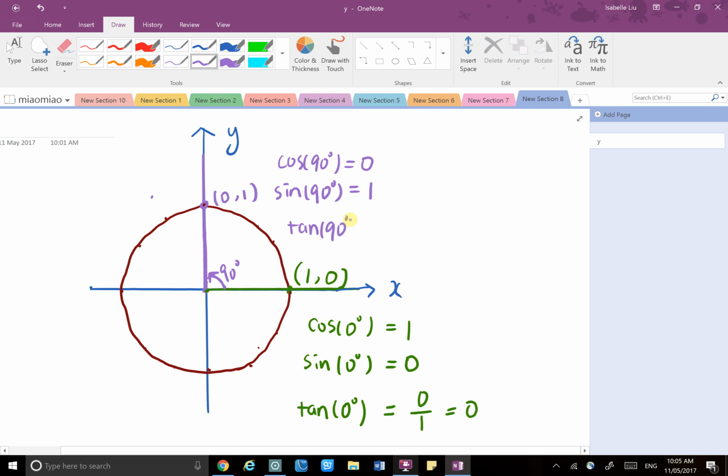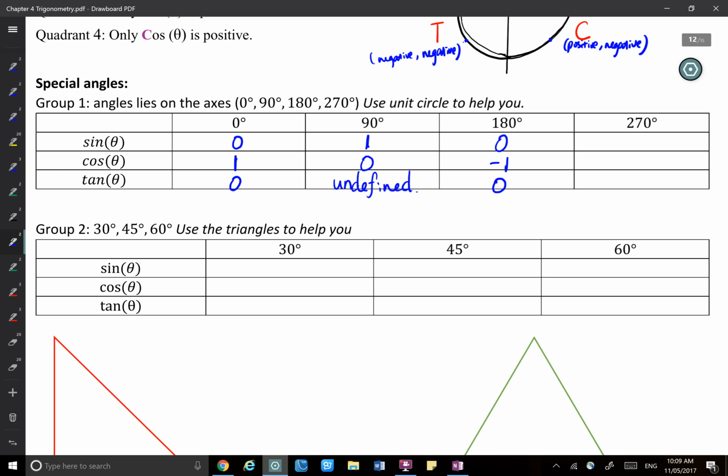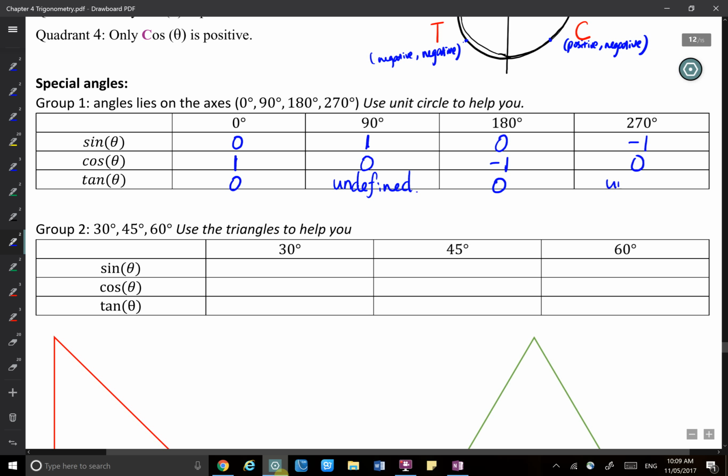It intersects the point here, (0, -1). So cosine 270 will be 0. Sine 270 will be -1. Tangent 270 will be sine over cosine, which is -1 over 0, which is undefined. So we'll have -1, 0, and undefined.